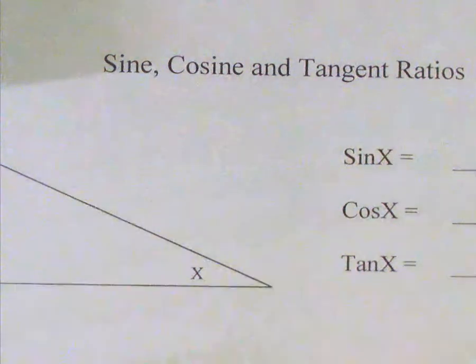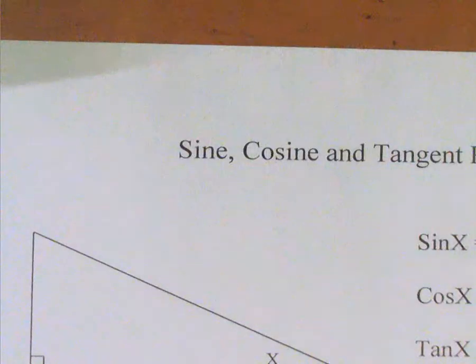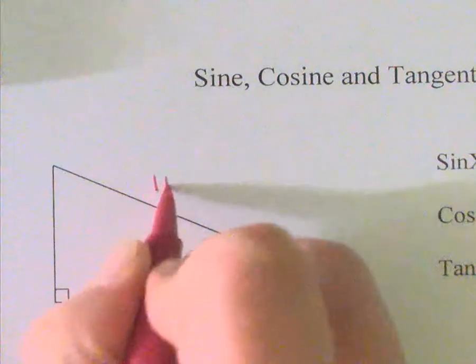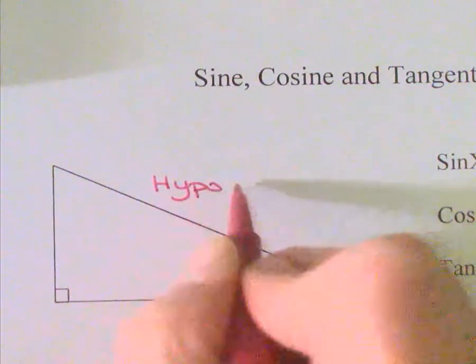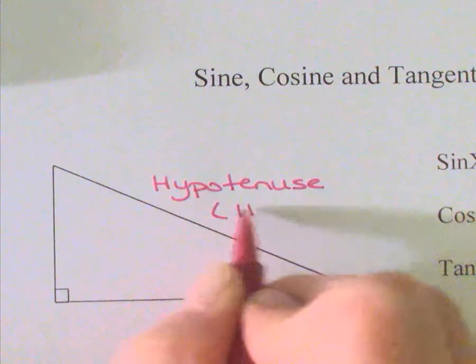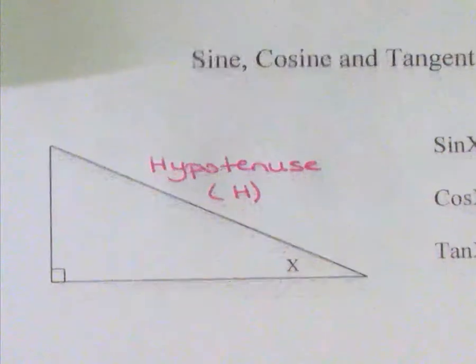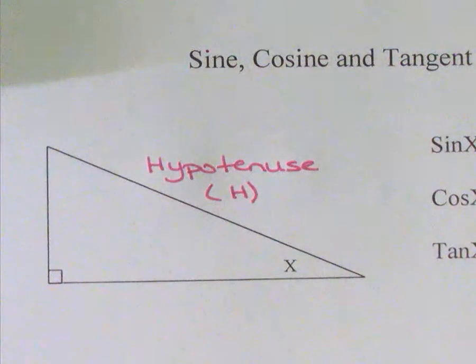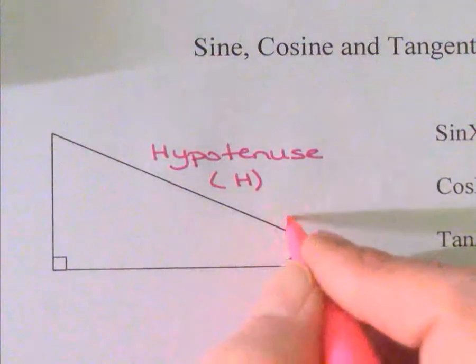So on a triangle, the longest side is the hypotenuse. And so we label that with the letter H. This is the angle they gave me.